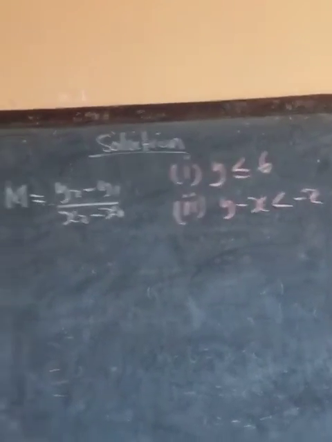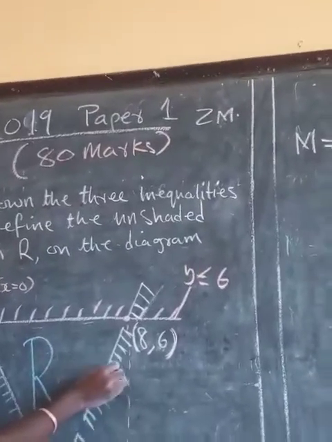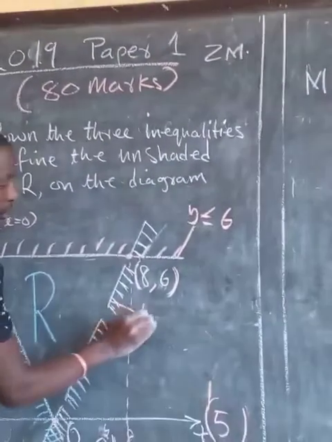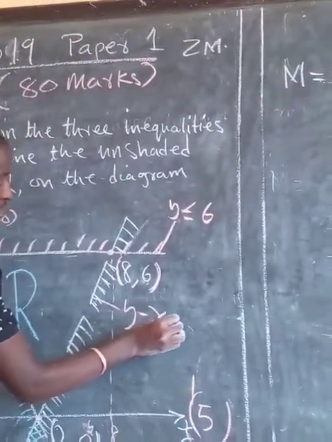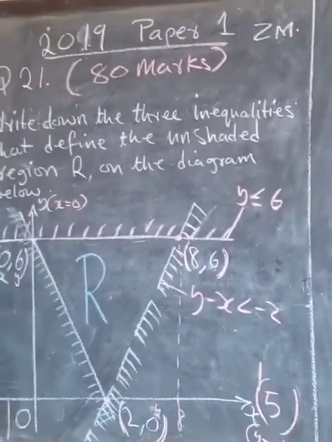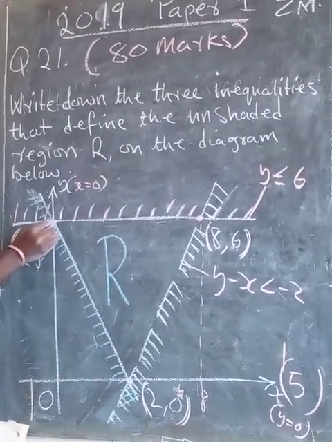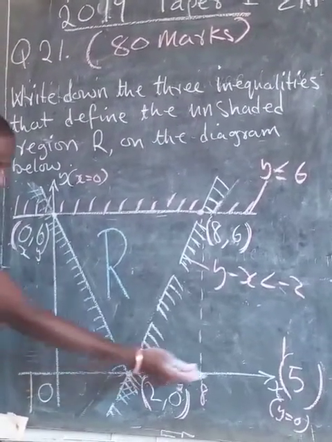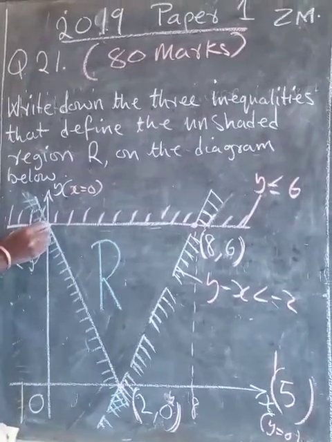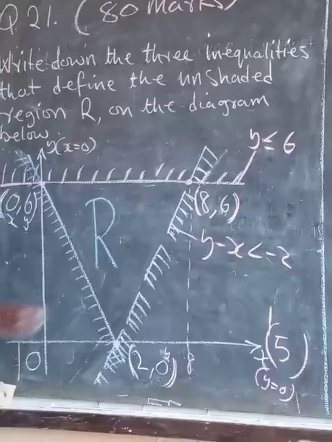So let's look here. This line we have already found, we can name it y minus x is less than negative 2. But what about this other one? We are simply saying that this is a solid line, and we know it's cutting the x-axis and the y-axis at the point of 6 here and at the point of 2 there.